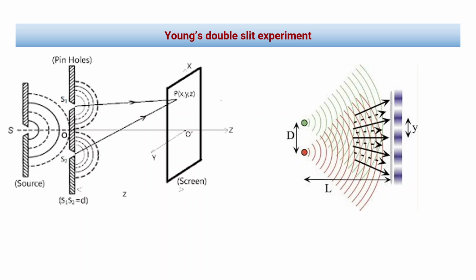I hope you understood that we are actually using a single source of light, and at some distance we are keeping another screen or barrier which has two holes in it, S1 and S2 as shown here. When the wave coming out from S passes through S1 and S2, this is the S1 source and this is the S2 source.